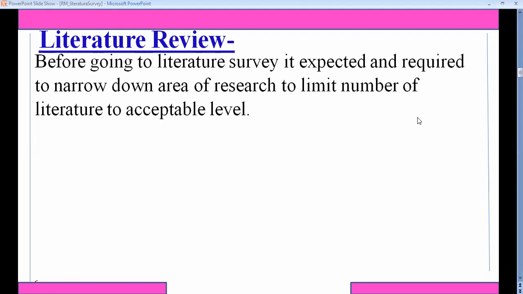Now, before going to literature survey, we must be very clear to narrow down our research. Like, I'm from the thermal area. In the thermal area, there are many subtopics, many subjects. So I took one subject, heat transfer. In heat transfer, again, there are many modes.